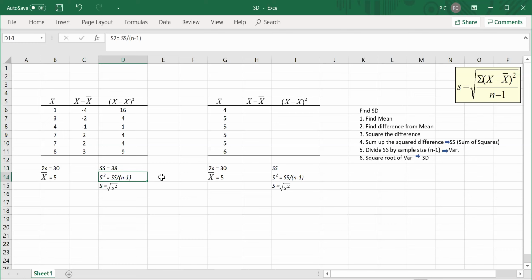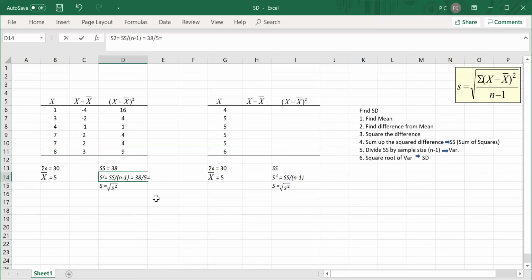Then once I get the sum of squares, I will divide it by my sample size. Since I'm using this as sample data, I will use n minus 1 here. So that will be 38 over, we have 6 data points here, so 6 minus 1 is 5.